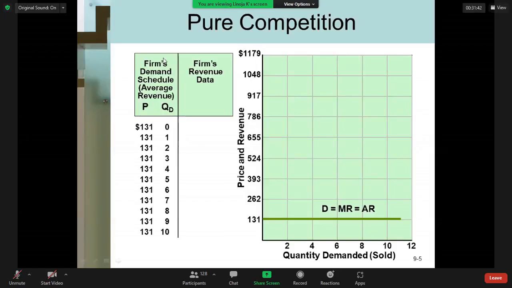Everyone please write firm's demand schedule and put the price, that is $131, and the QD, that means the quantity demanded, that is 0, 1, 2, 3, 4 up to 10. And then put another column, firm's revenue data. Like that, please make a chart and let me know. Quickly make a chart.